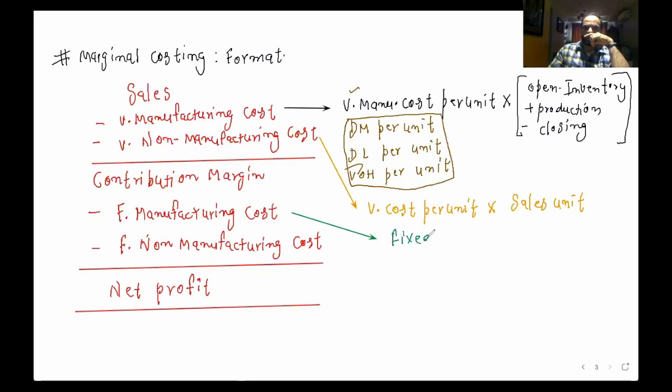And fixed non-manufacturing is also given in your question. That number is given in your question, right? So we got all kinds of cost. Let's go to the question.